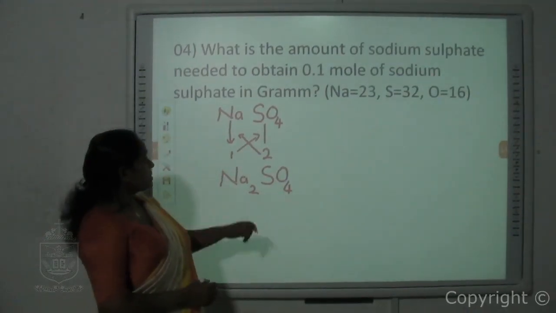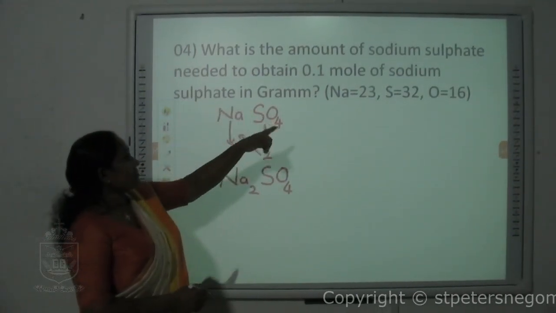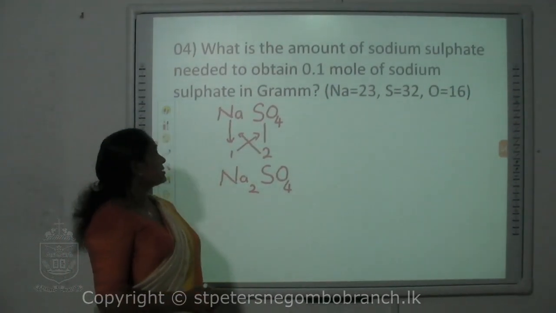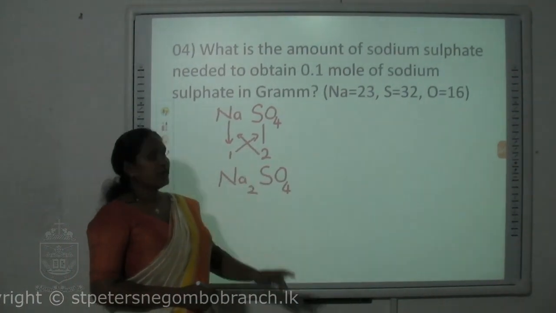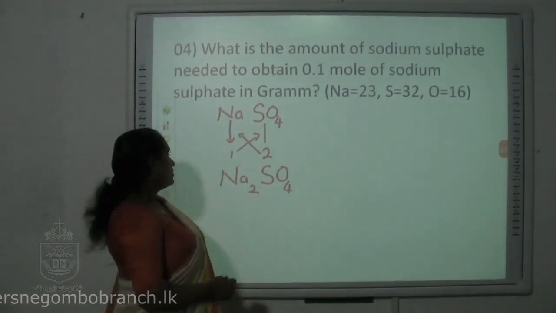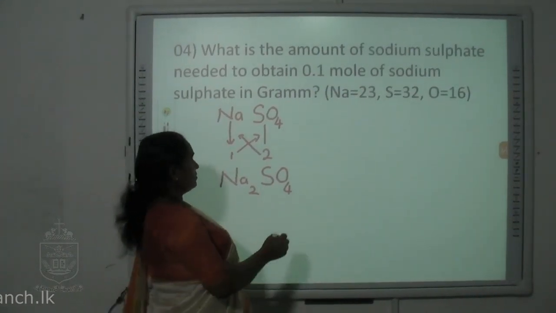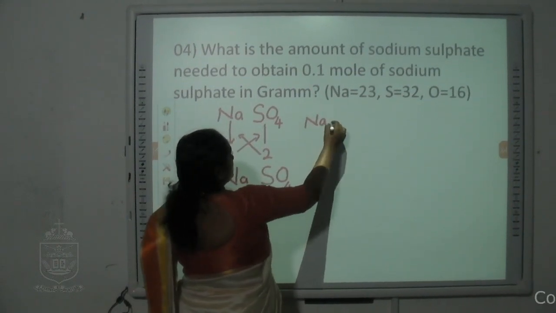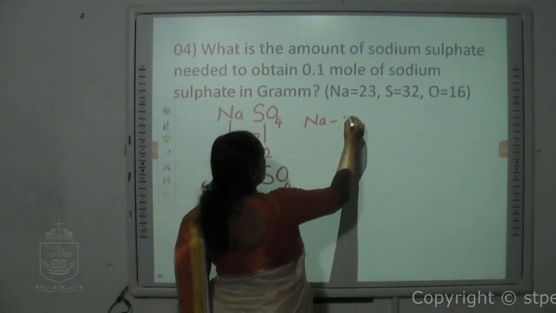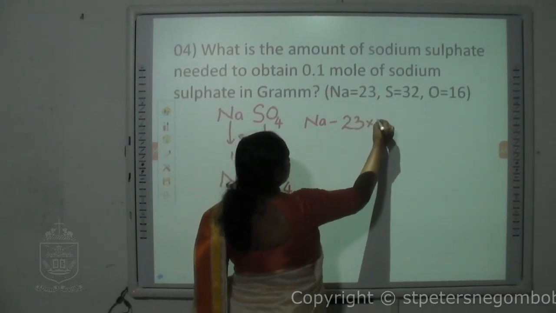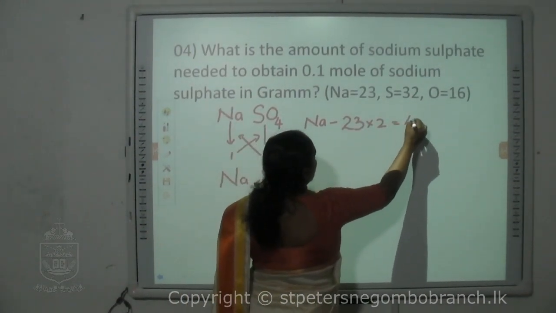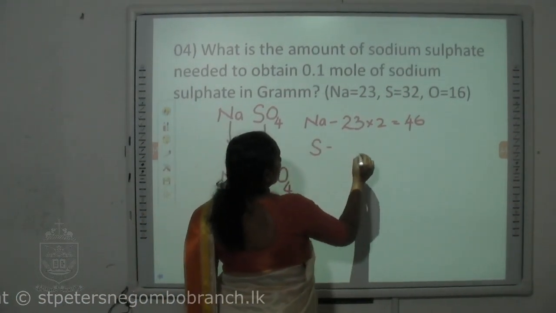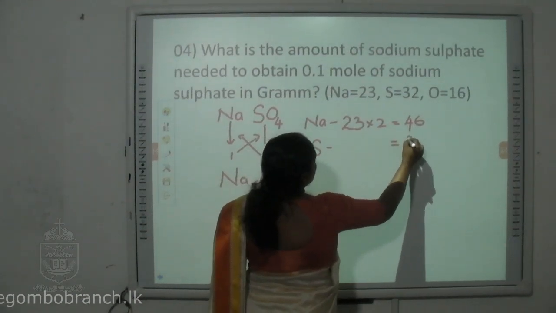Here the question asks what is the amount of sodium sulfate needed to obtain 0.1 mole of sodium sulfate in grams. Then we will find out the relative molecular mass of sodium sulfate. Right? Sodium 23 into 2 equals 46. Then sulfur 32.